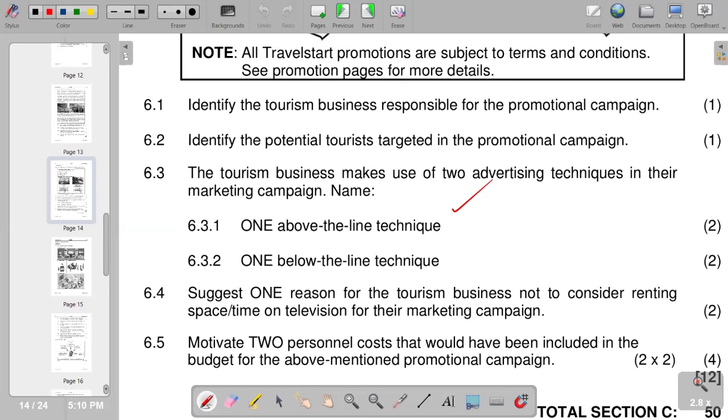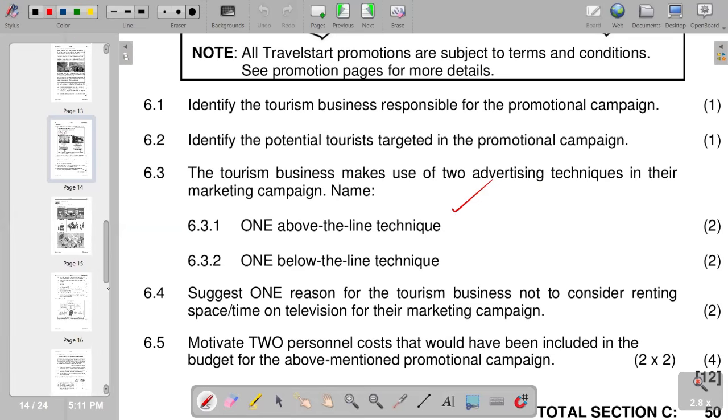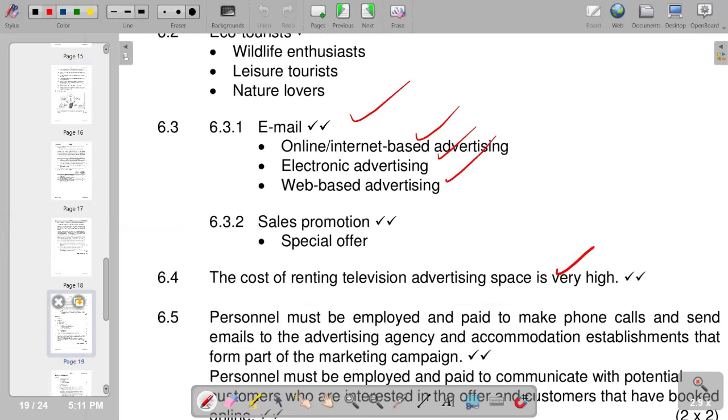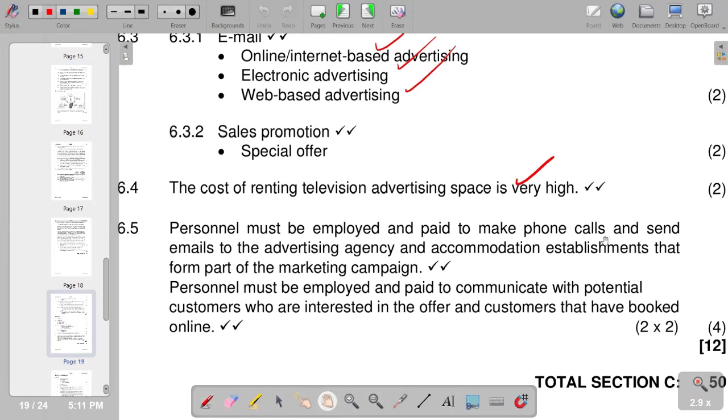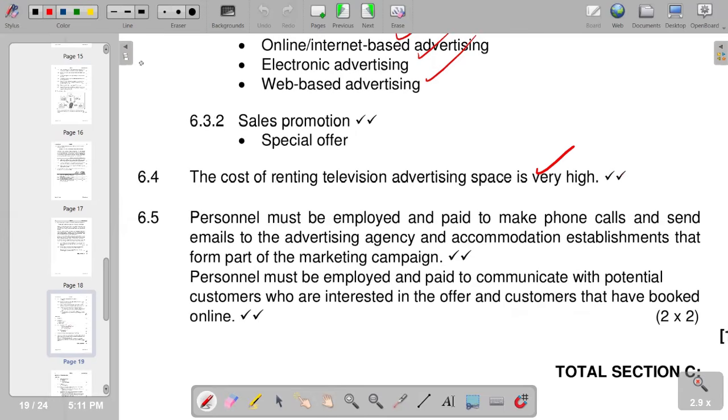The cost of the personnel that has to be paid to carry out the marketing activities can be one of the costs that we include. Personnel must be employed and paid to make phone calls and send emails to the advertising agency and accommodation establishments that form part of the marketing campaign. That is our first point. And then also, personnel must be employed and paid to communicate with potential customers who are interested in the offer and customers that have booked online.